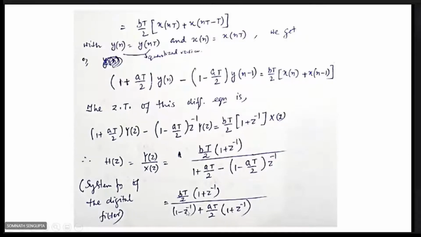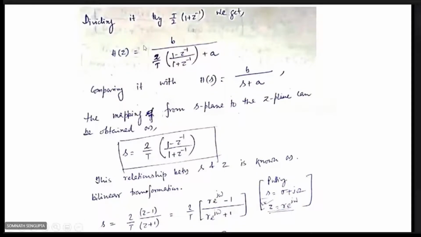So further we slightly rearrange it and write it in this way: b by 2 by t, 1 minus z inverse divided by 1 plus z inverse, in resemblance with the analog transfer function b by s plus a.